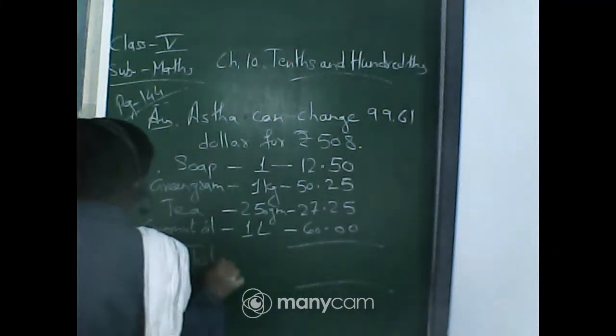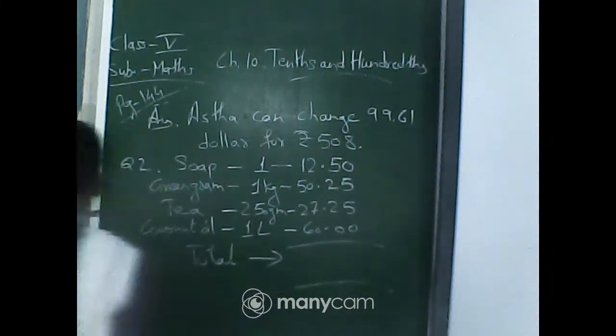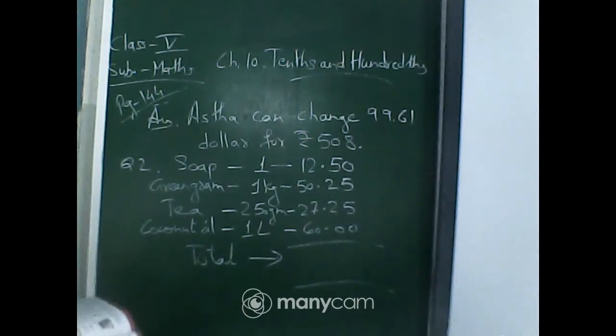Now you have to find the total. Quickly add and tell me what total you are getting. After the 2 digits you have to give the decimal point, okay? Because 1 rupee is equal to 100 paise.